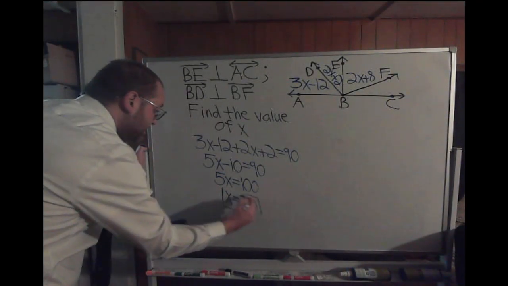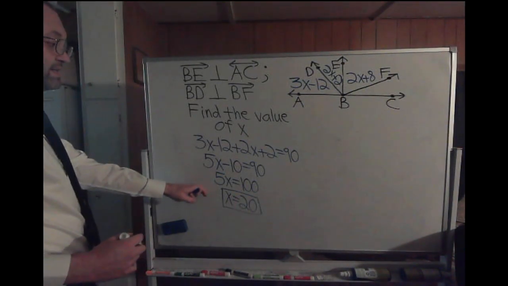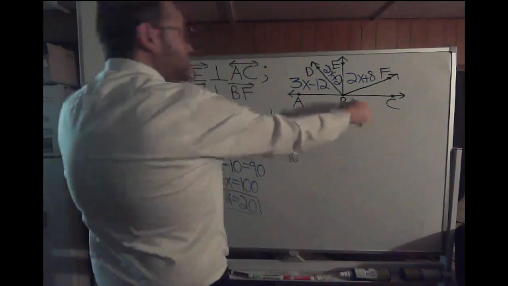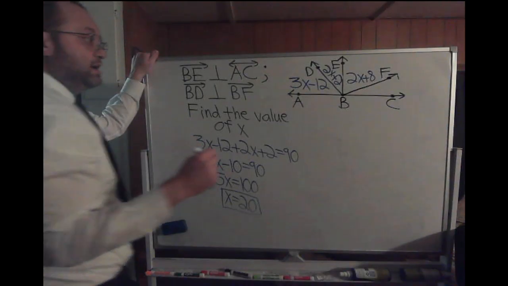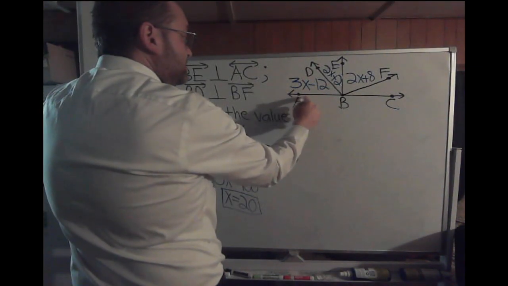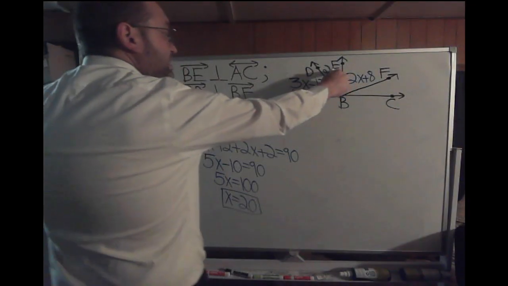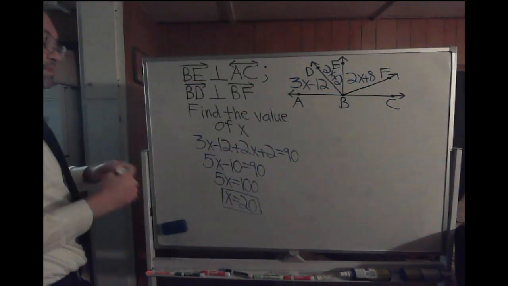So that's one way to ascertain the value of x. We use the fact that line ABC is perpendicular to ray BE, meaning that angles ABD and DBE together add up to 90.